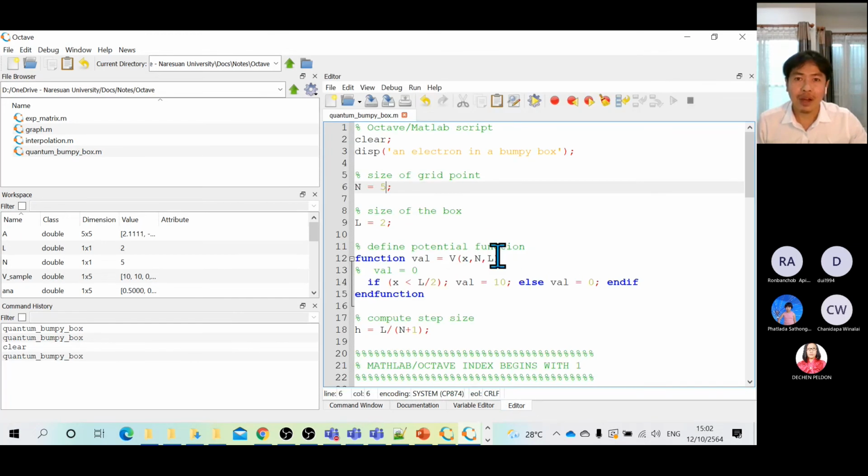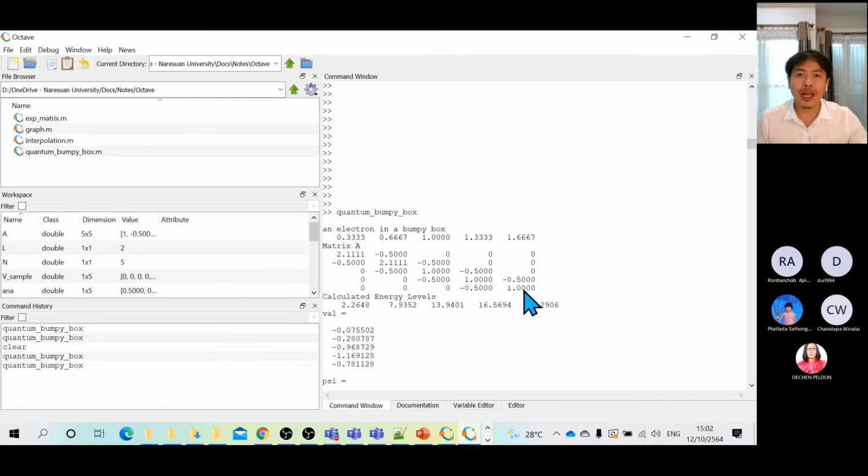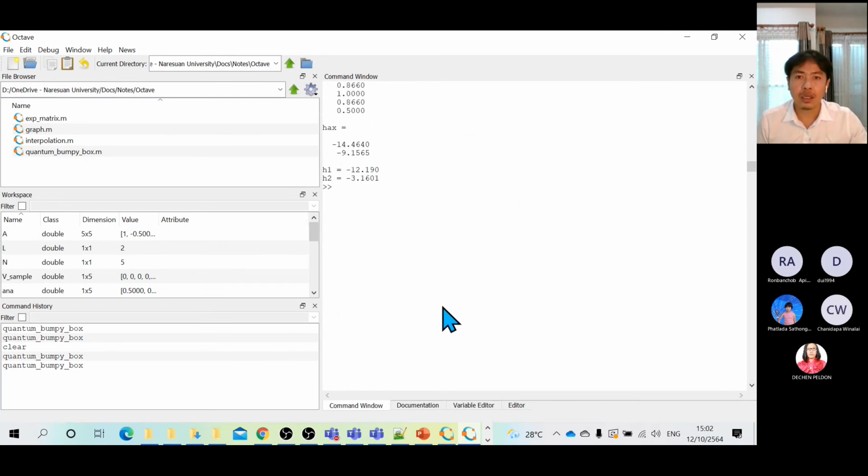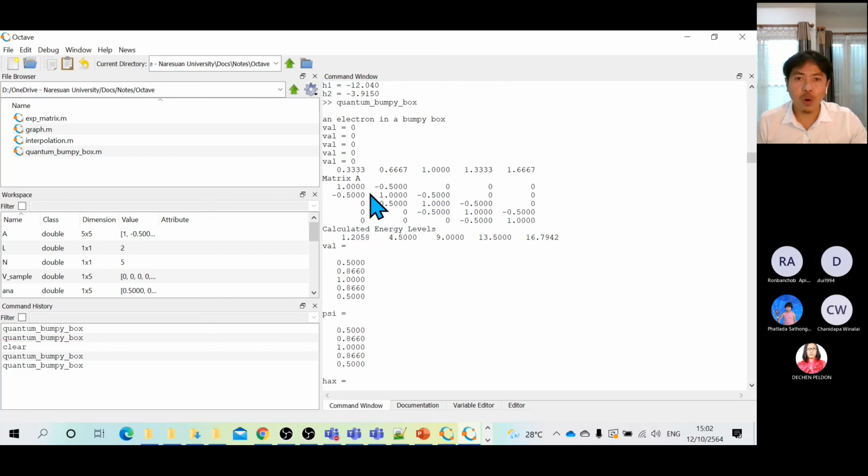Oh, okay, I forgot. I need to change it to a simple flat box. Okay, let me do it again. There you go. If you can see it, that is my matrix A. There you go: 1, 1, 1, 1, 1, and the minus 0.5, 0.5.